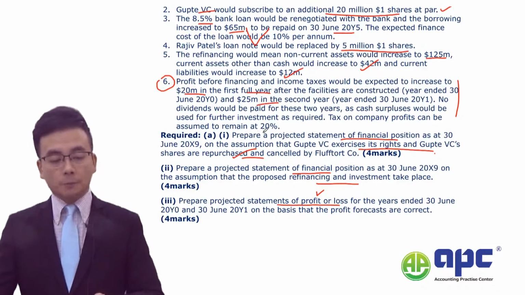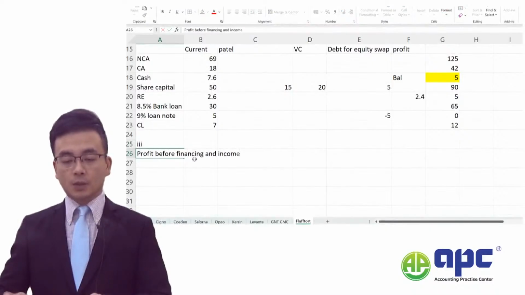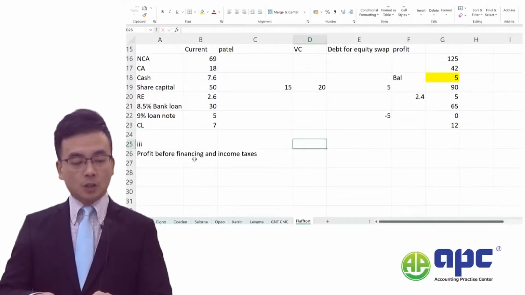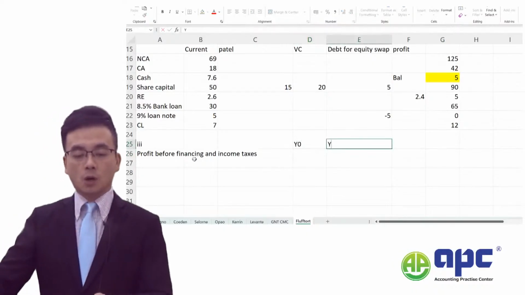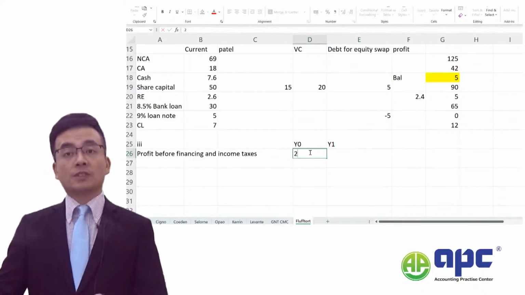Now, to start off, profit before financing income taxes: we've got the first year and the second year, that'll be $20 million and $25 million respectively.